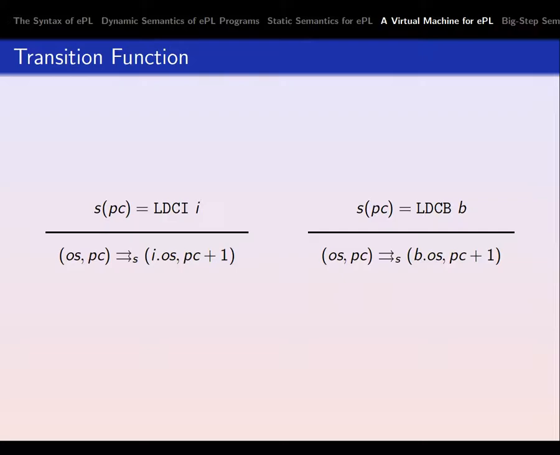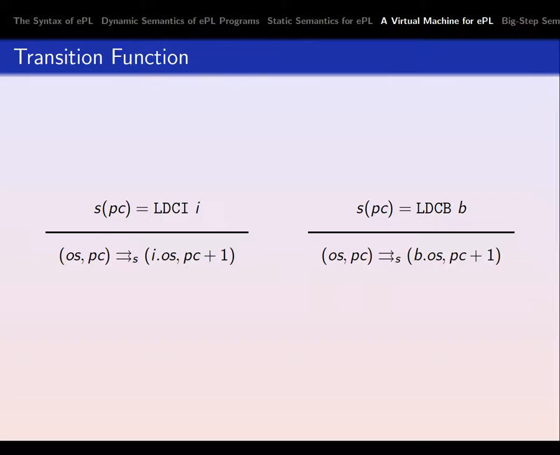So if our current instruction is LDCI, then from the current state of OS, PC, we transition in one step. This double arrow with an E, we call it a one-step transition. So we transition to a new state where the stack gets prepended with I, right?